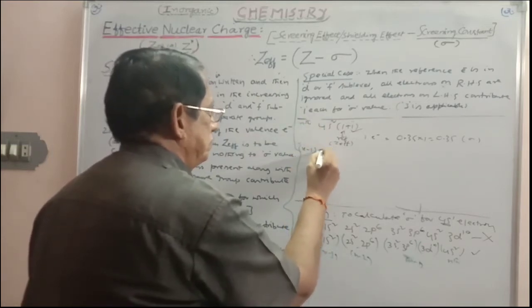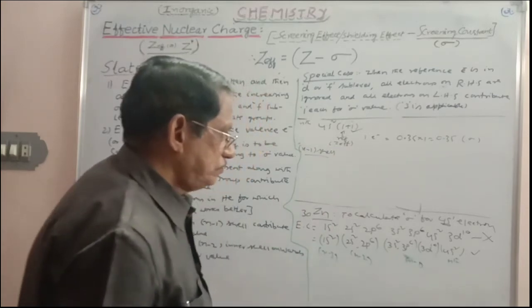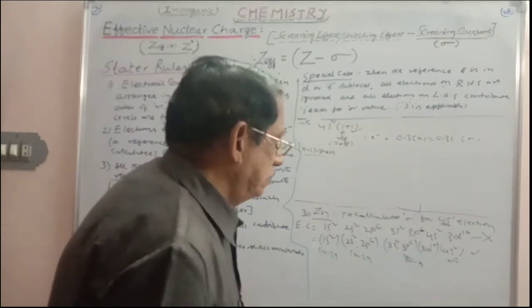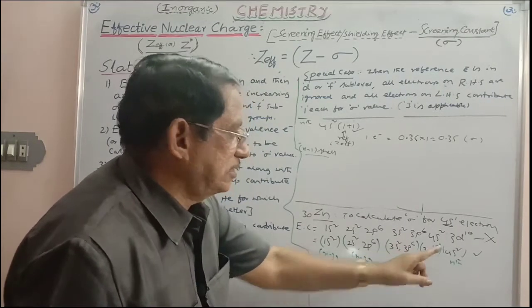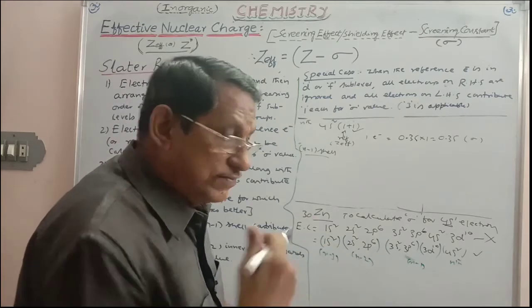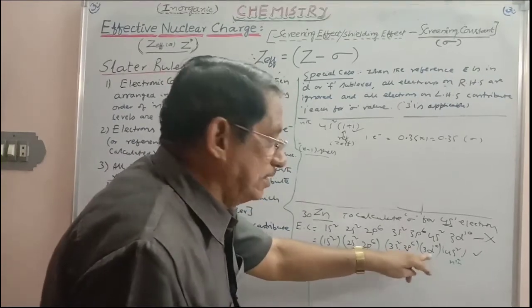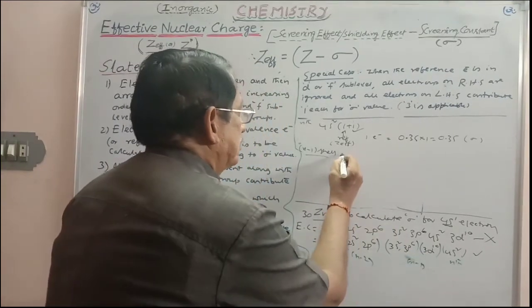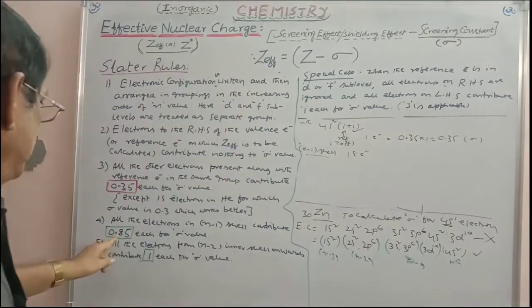Now let us come to the n-1 shell. How many electrons are there? Totally there are 8 plus 10, 18 electrons. Though the d sublevel is different, you are not taking the reference electron from 3d, so here you have to take all the 18 electrons in the n-1 shell. What is the contribution of every electron? 0.85.